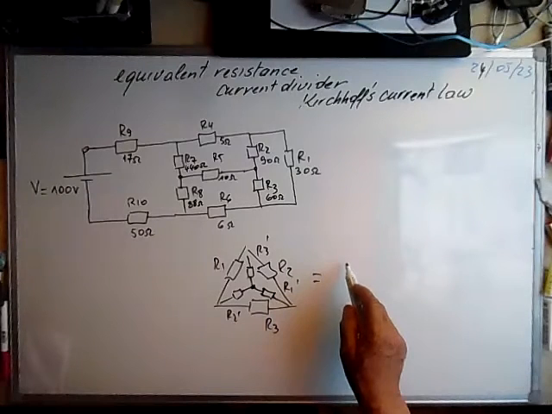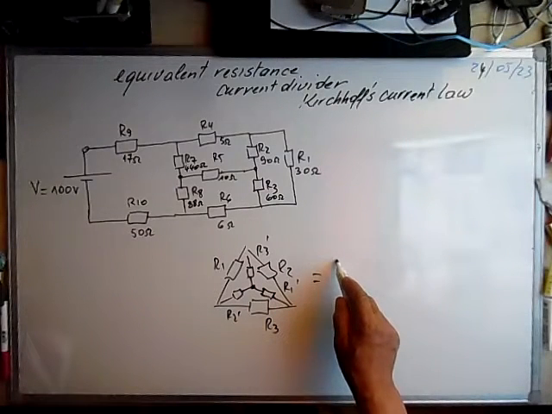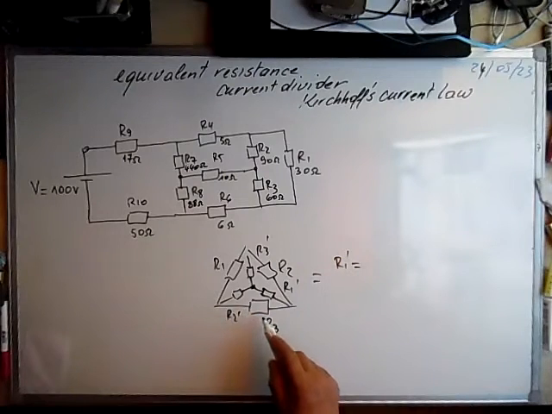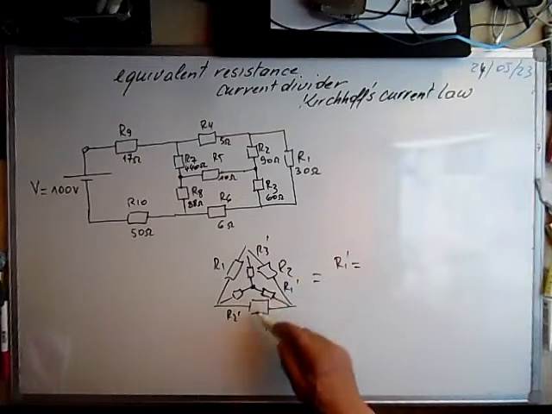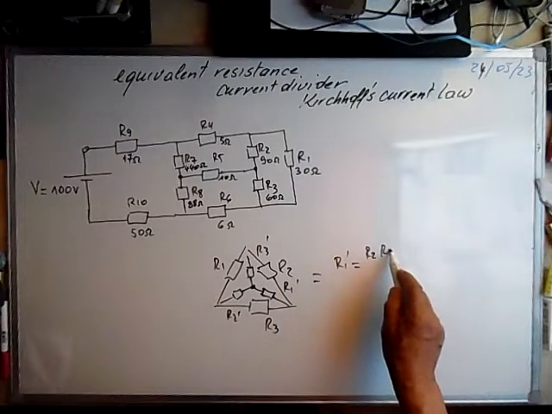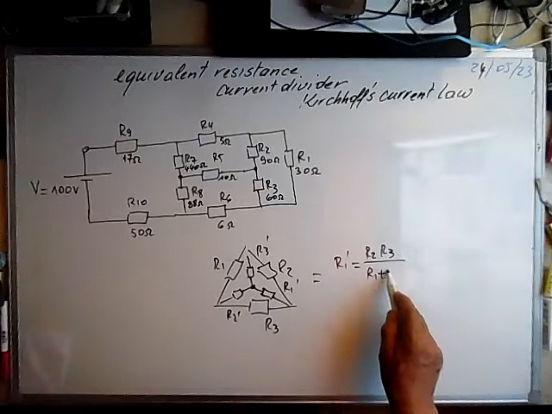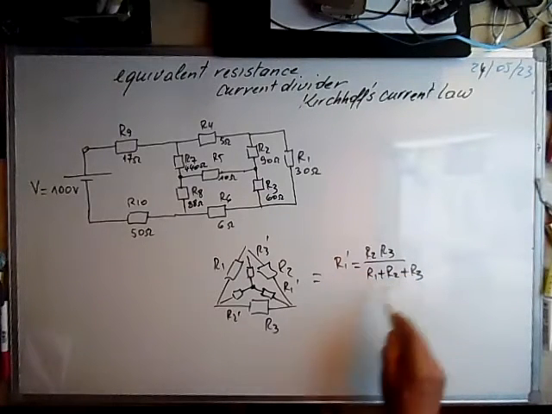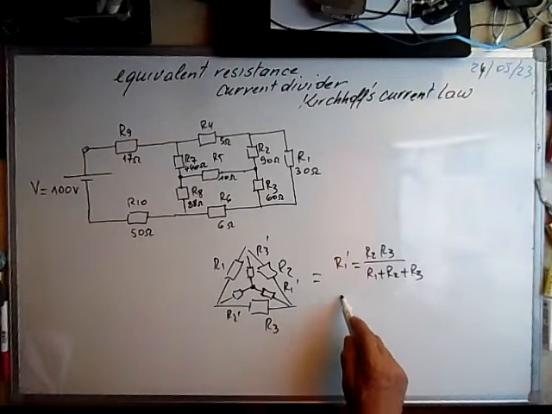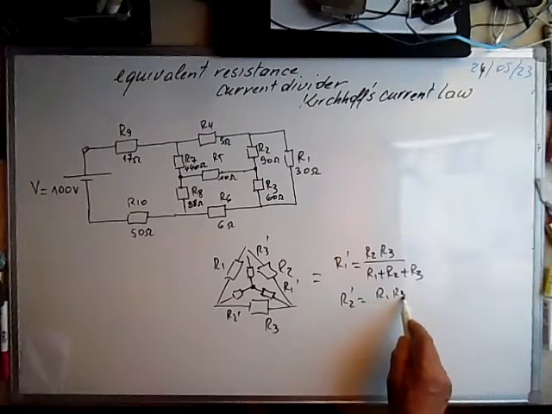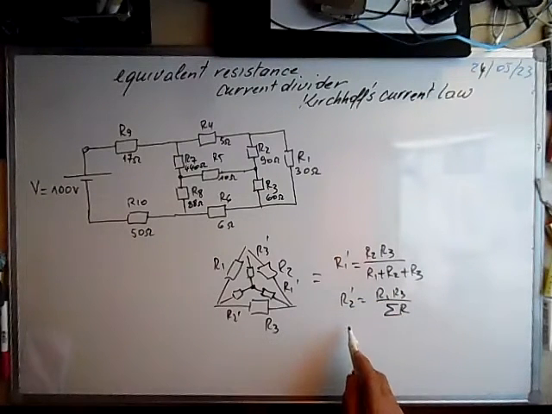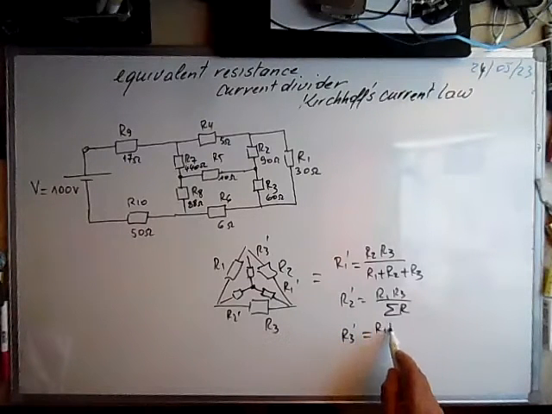So we can calculate: R1 prime is equal to R2 times R3 over the sum of the three resistors. R2 prime will be R1 times R3 over the sum of the R's, and R3 prime is R1 times R2 over the sum of the R's.